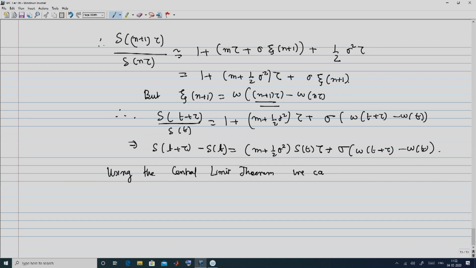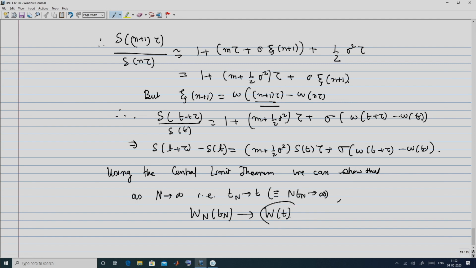We can show that as n tends to infinity, that is T n tends to t, or equivalently n T n tends to infinity, the following holds: that W n of T n tends to some capital W of t. And here this W of t is known as the Wiener process.